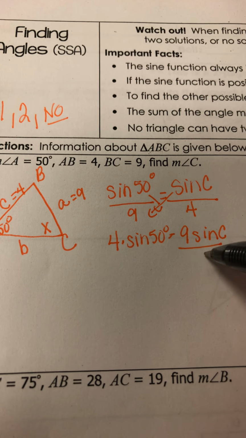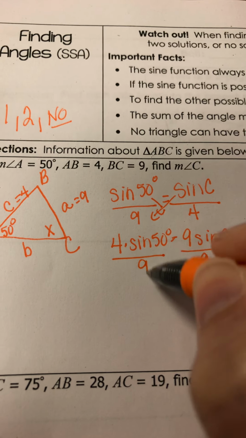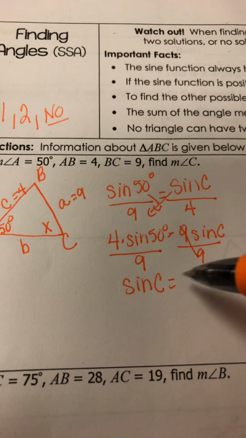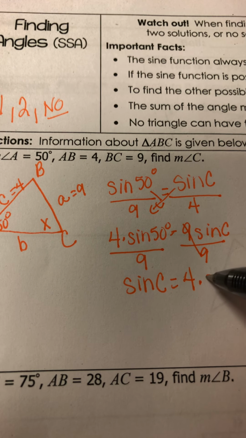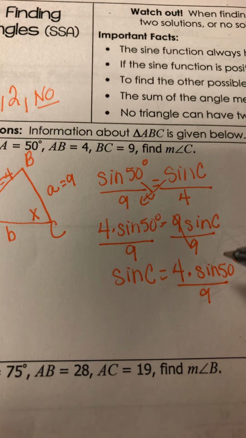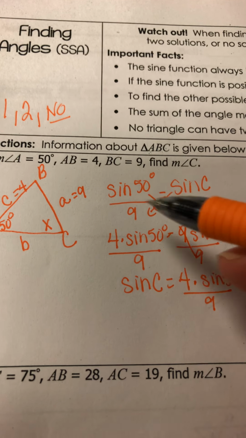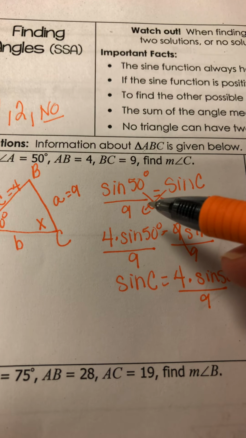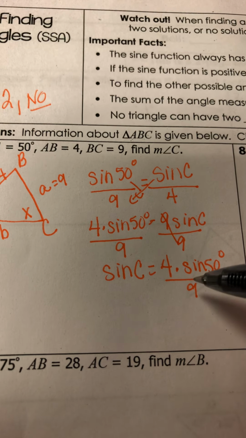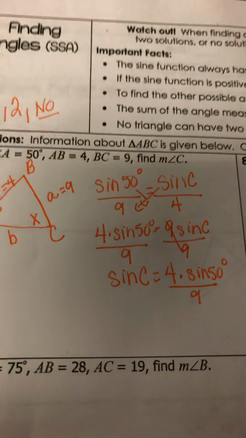Now to solve for the sine of C, let's divide both sides by 9. So now we have the sine of angle C equal to 4 times the sine of 50 degrees over 9. After we've set up our ratio, that's step 1 in your steps, it tells you to divide this out and make sure it's between -1 and 1, because if it's not, you're not going to have a triangle.